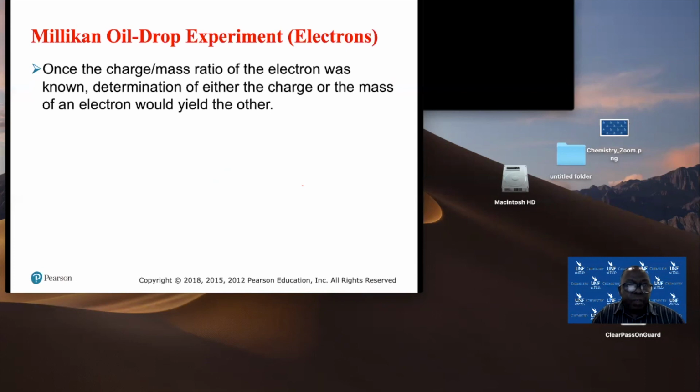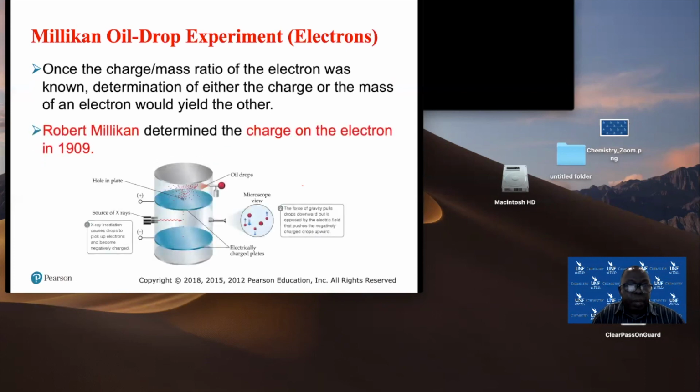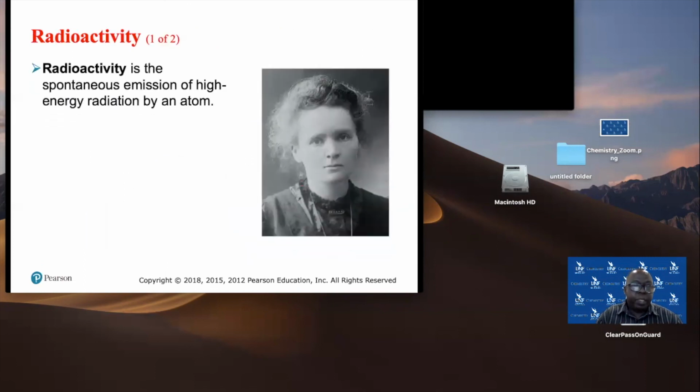But the mass of an electron was determined much later by taking into account the charge to mass ratio, what is popularly known as the Millikan experiment. This experiment led to the determination of the mass of an electron, which down the line you may see.